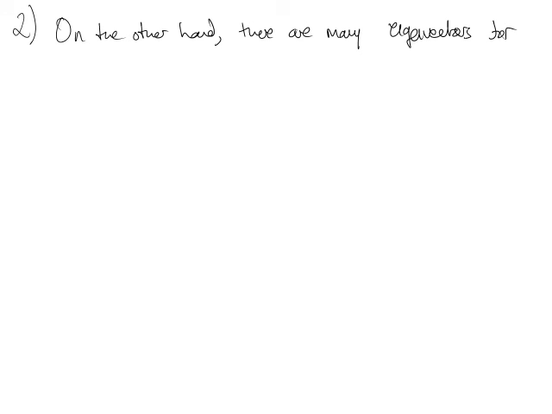On the other hand, for every eigenvalue, if you fix lambda, there may be many v's that are eigenvectors. So on the other hand, there are many eigenvectors for each eigenvalue.